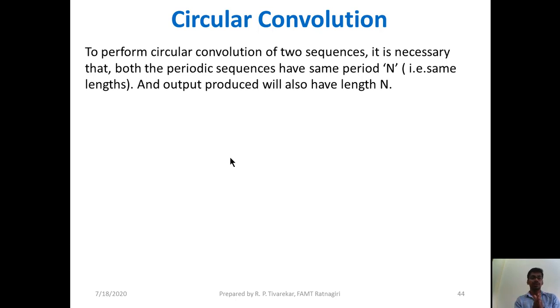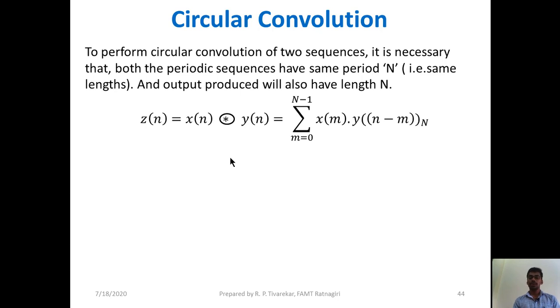We cannot perform circular convolution then. This is the first important necessity. And the output produced by circular convolution will also have the same length as the input sequences. This is the definition of circular convolution: x of m into y of n minus m, summed over m equal to 0 to N minus 1.